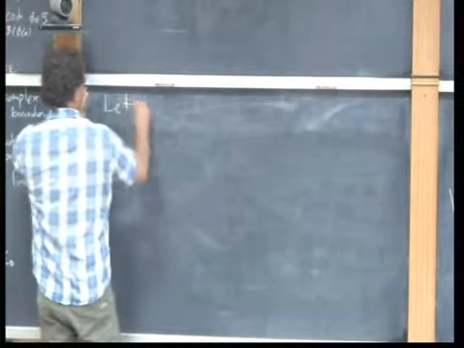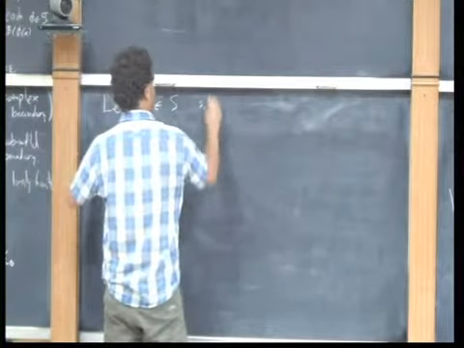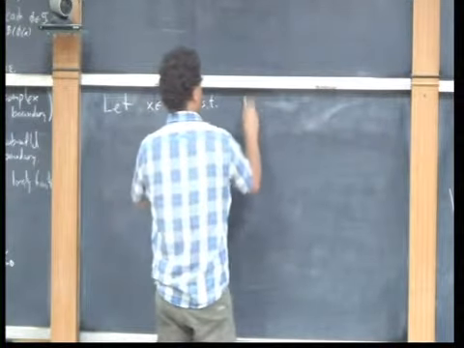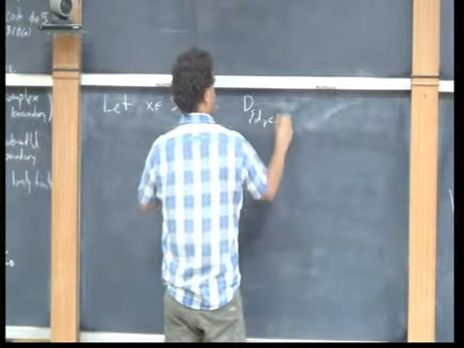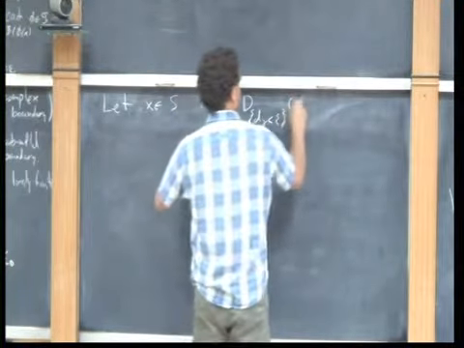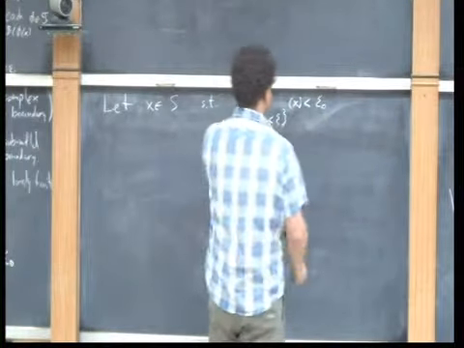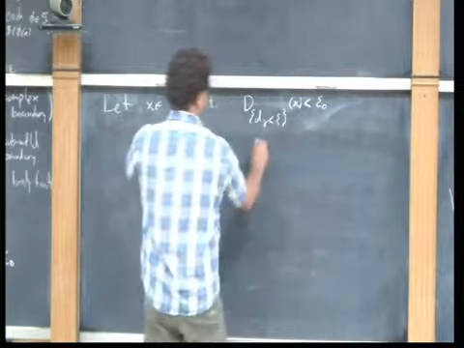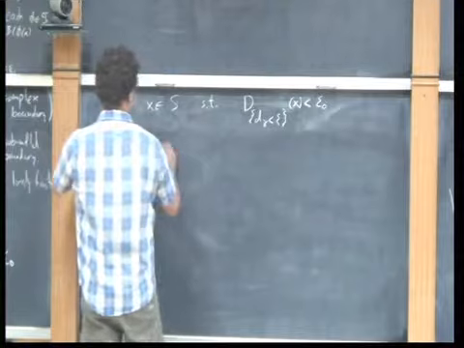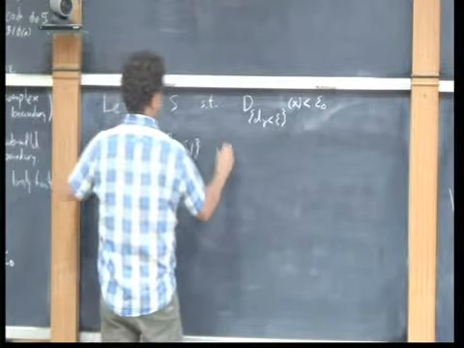Okay. So we are doing the following. Let x in S such that the distance d gamma less than epsilon of x is less than epsilon naught, where gamma is in gamma naught minus identity, unipotent.